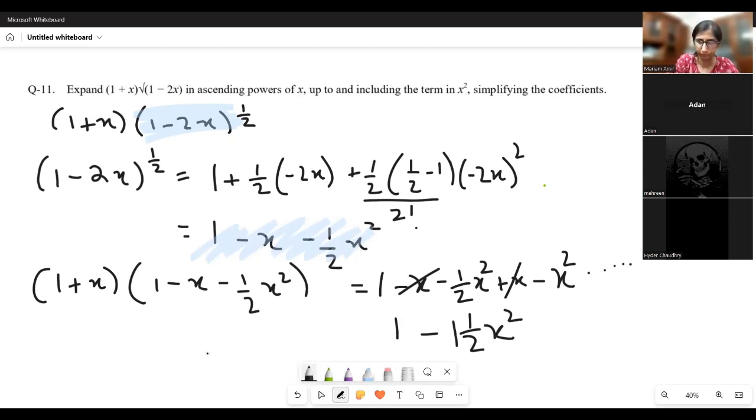Let me check the answer. Yes, 1 minus 3 by 2x squared, or 1 minus 1.5 x squared in mixed form. Okay, now this is an example of a simpler question on this topic. So it will have fewer marks, I'm guessing 3 at most. Okay. Question 12.